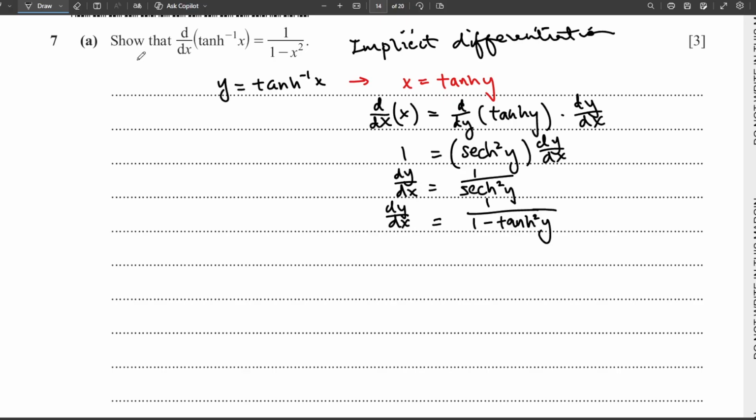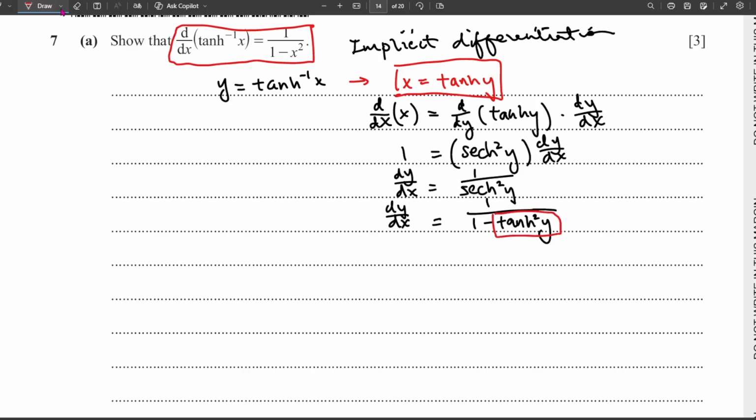Up to this point we have this form, but the question wants us to present it in this form, where dy/dx is 1 over 1 minus x squared. We established at the beginning that x is equal to the hyperbolic tangent of y, which appears here.